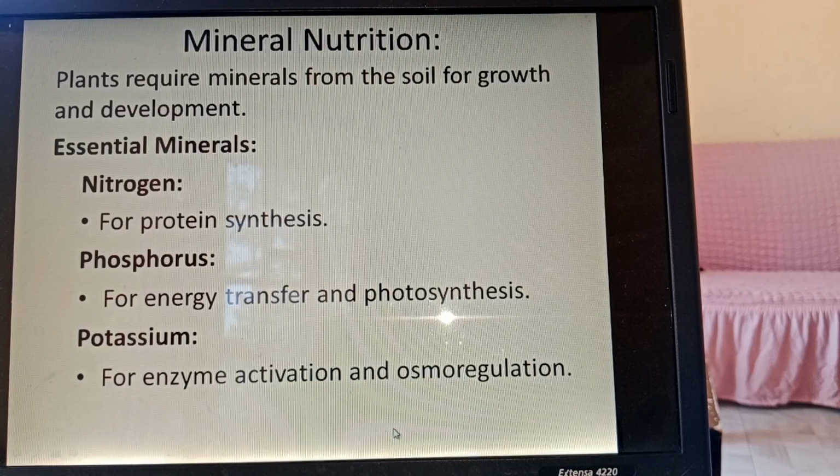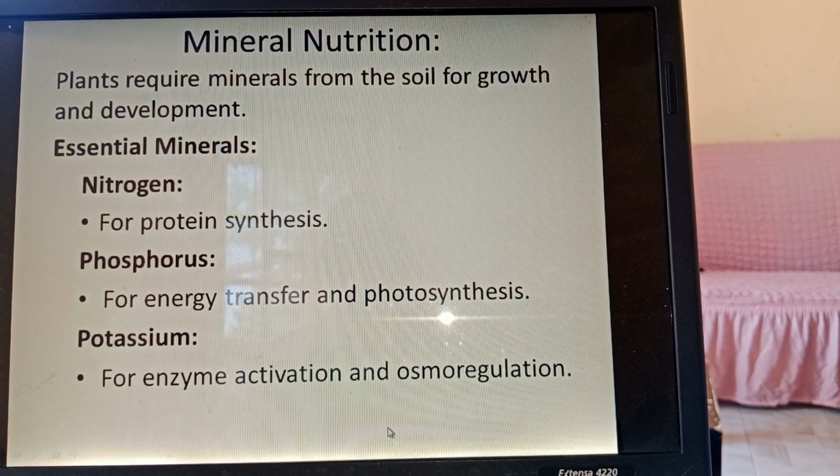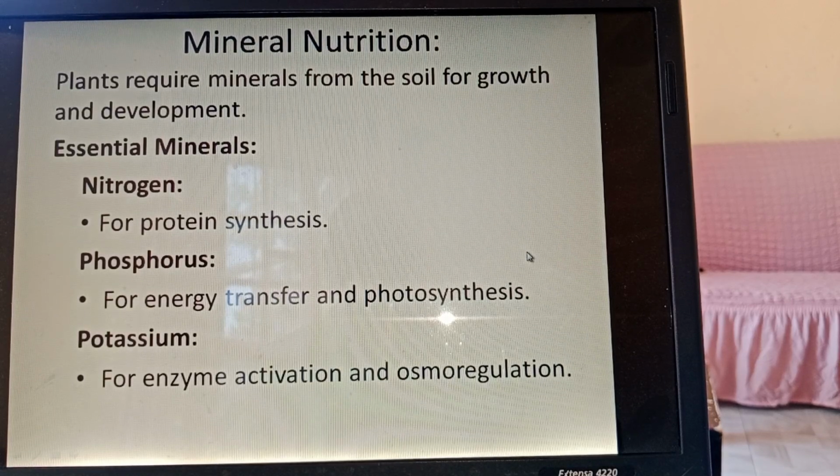Mineral nutrition. Plants require minerals from the soil for growth and development, and the essential minerals are nitrogen for protein synthesis, phosphorus for energy transfer and photosynthesis, and potassium for enzyme activation and osmoregulation.